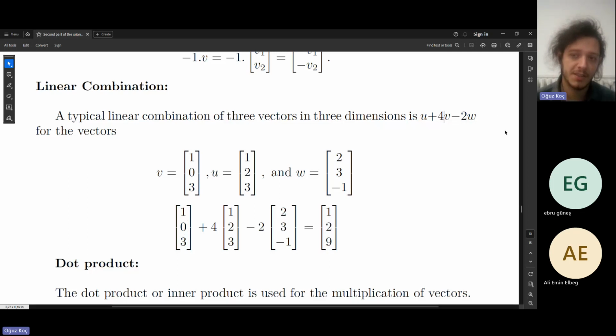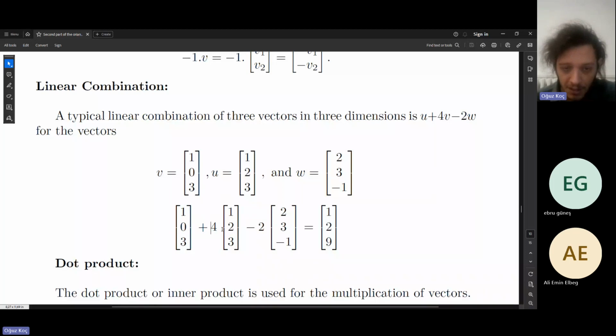When we make the calculations for this linear combination, we need U itself, and then 4 times V, and -2 times W, just multiplying the vectors by the coefficients. In this case, for U there is just 1, and there's no need to multiply it.